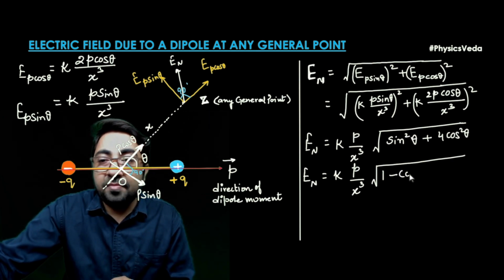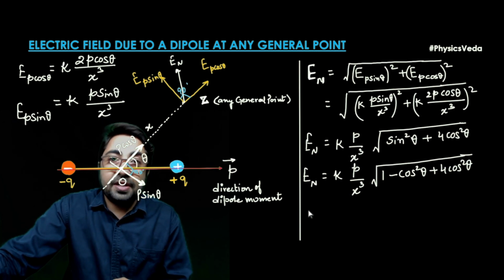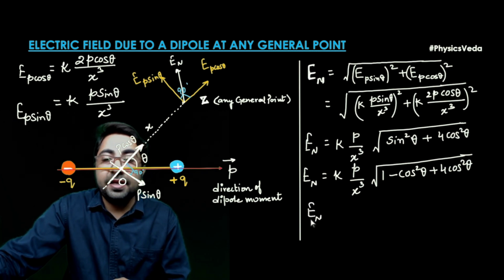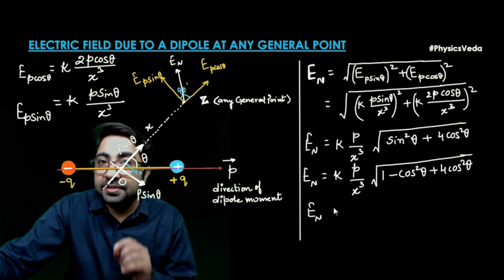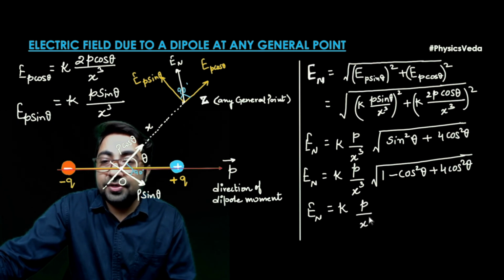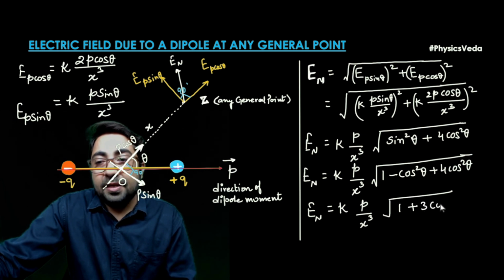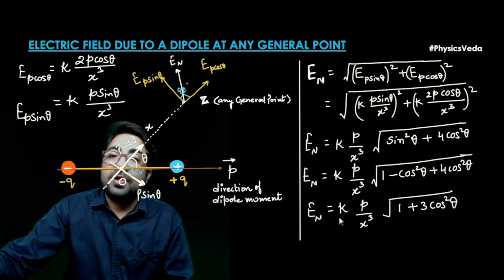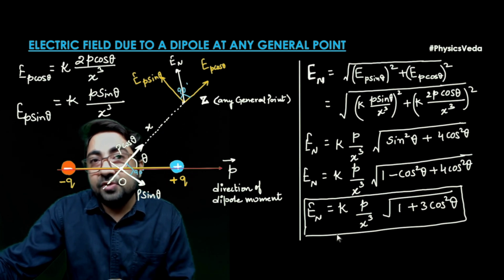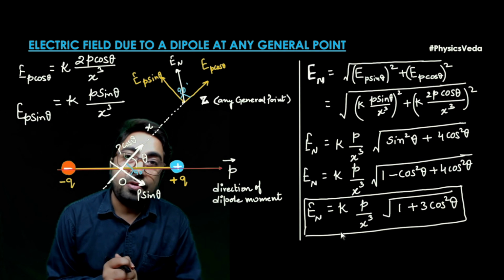So it is 1 minus cos square theta plus 4 cos square theta. After complete simplification, the net electric field at any general point is equal to K P upon x cube square root of 1 plus 3 cos square theta. So this is the general expression for the net electric field at any general point of a dipole.